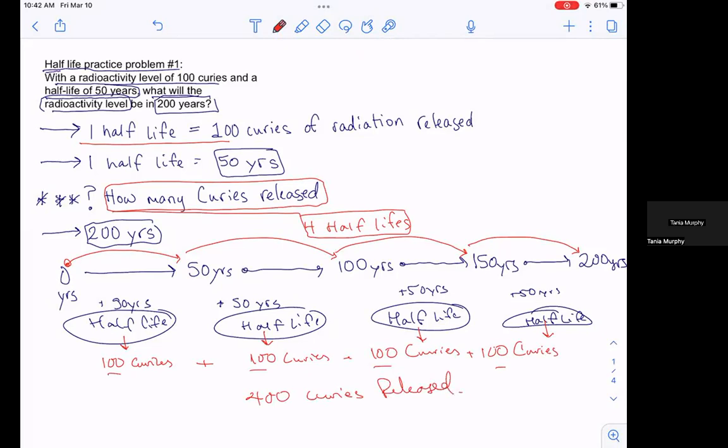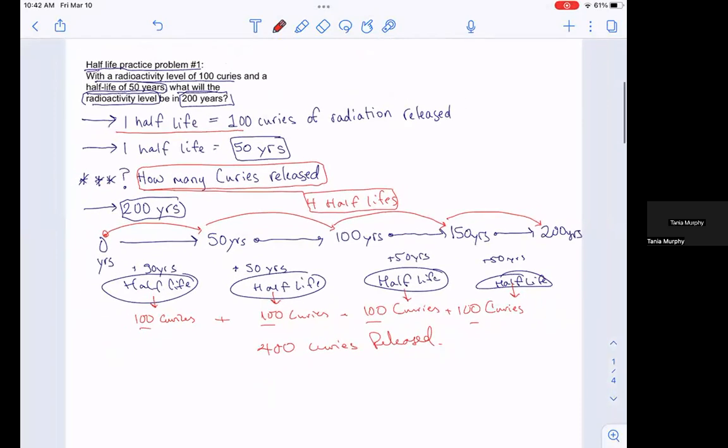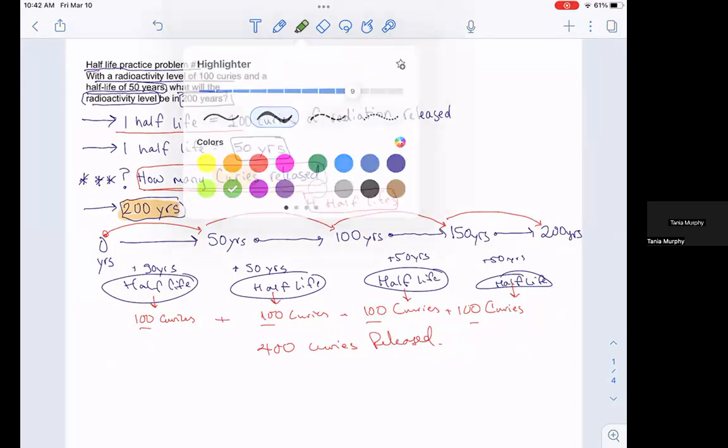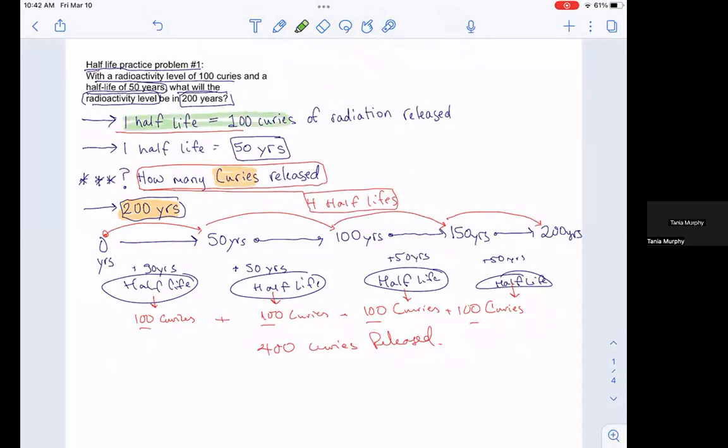If you had me for chemistry, you may have seen that they gave us years, asked for curies, and gave us 2 ratios to use. I would say in class, what do we always start with? And you would say, we start with what's given. So let's do that real quick. 200 years. Let's convert our years to half-lives.